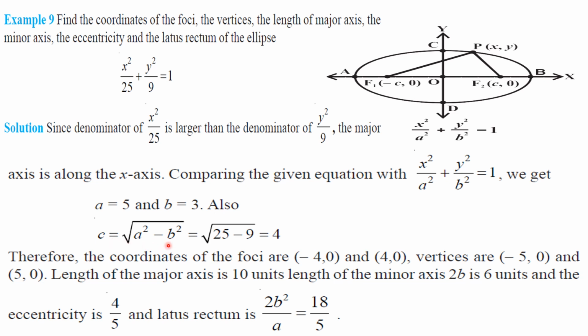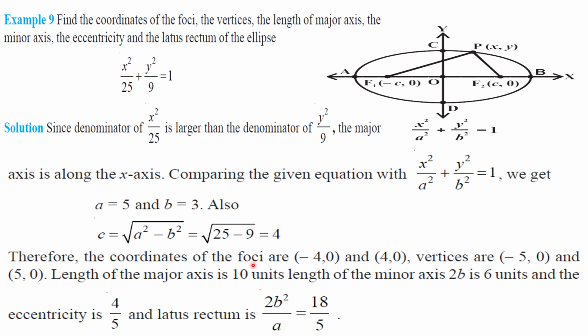Do you remember this formula, my children? That is equal to square root of, what is the value of a square here? 25, minus what is the value of b square? 9. Then what will you get? Square root of 25 minus 9, yes, 16. Square root of 16. What is the value of square root of 16? 4. Understood this statement, children? So we found the value of c.